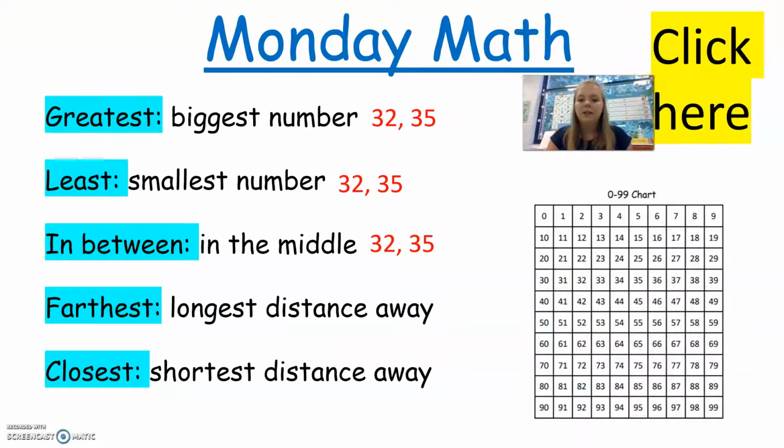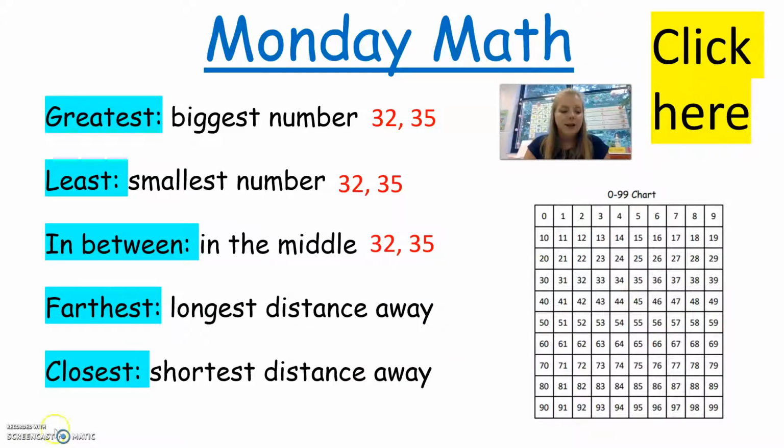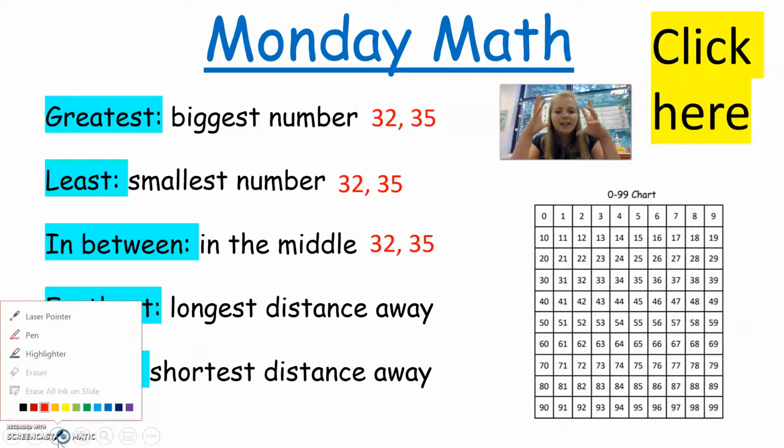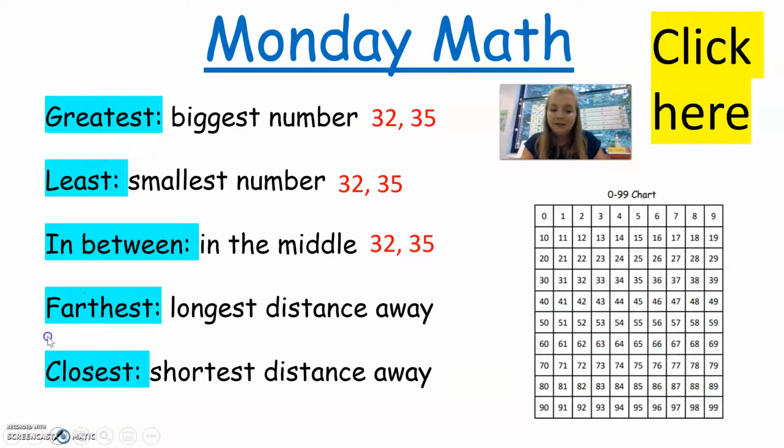Okay, so what did I say? The greatest number? Let's go back to the very first one we did. Was it 32, which had 3 groups of 10s and 2 ones? Or was it 35, which had 3 groups of 10s and 5 ones?